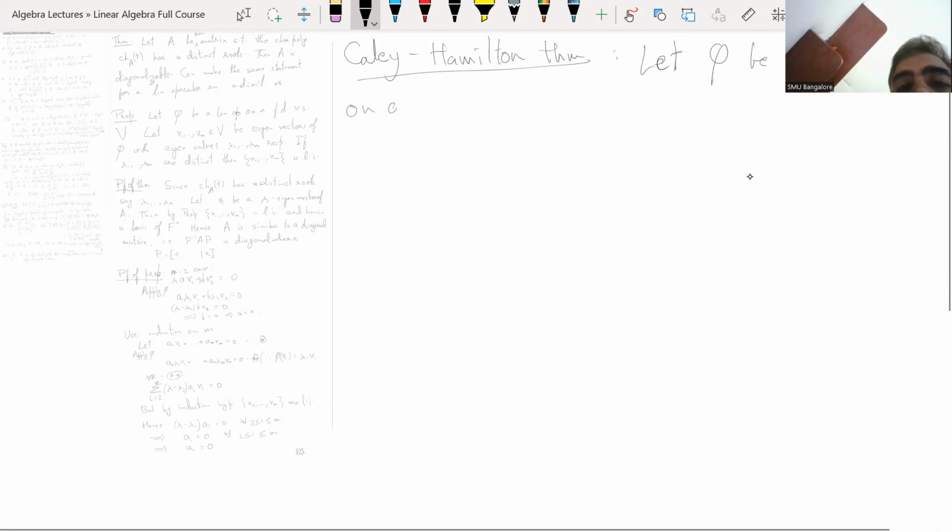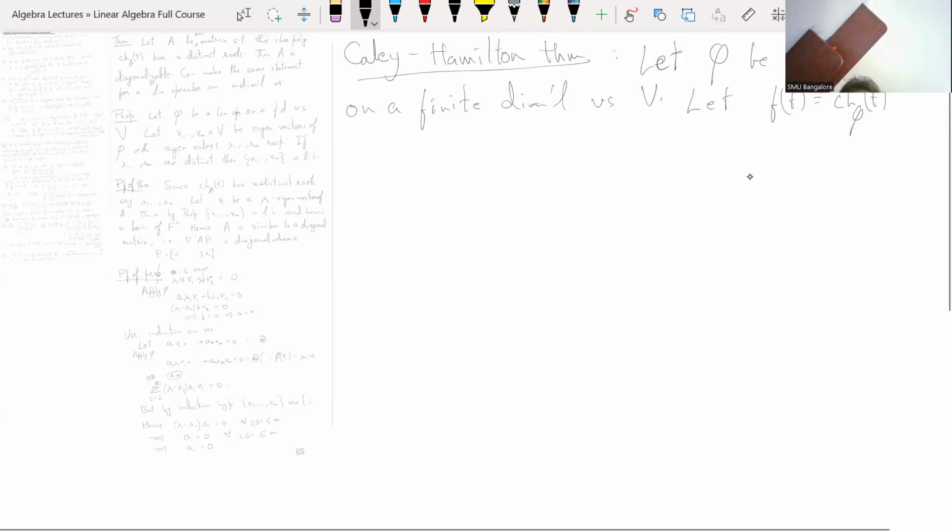but on a finite dimensional vector space V. Then we can define the characteristic polynomial. Let f(t) be the characteristic polynomial of phi.